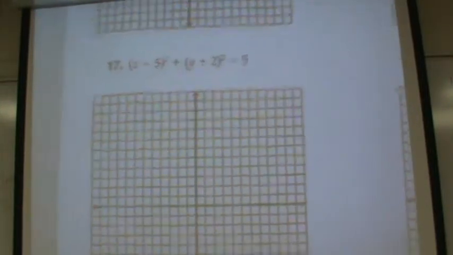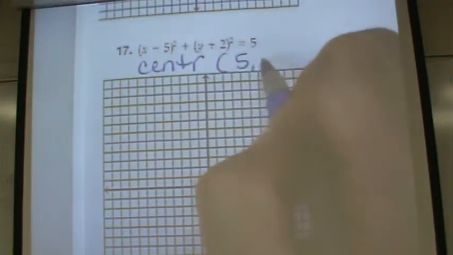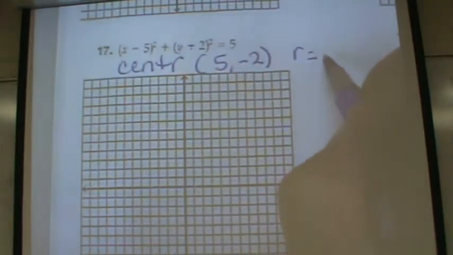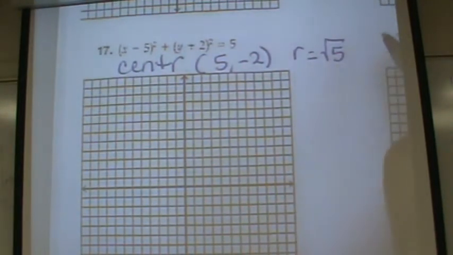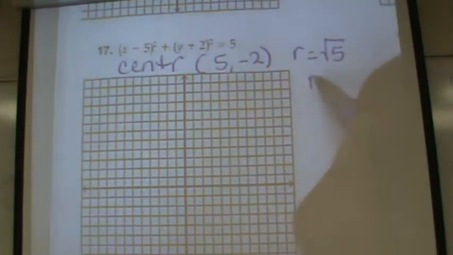Number 17. Where's your center? 5 what? What's your radius? Is it 5? It's the square root of 5. So what is that, about 2.2? Okay, 2.2.